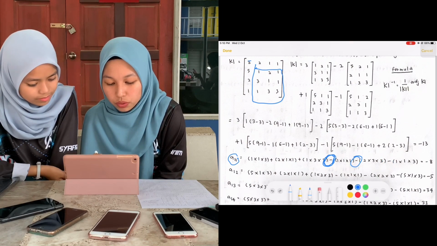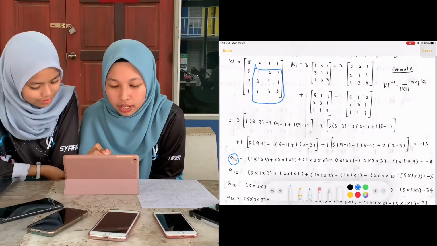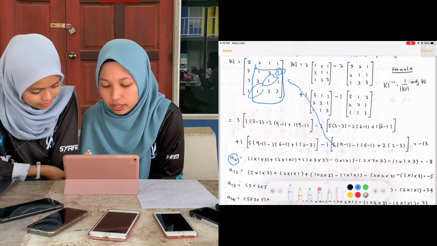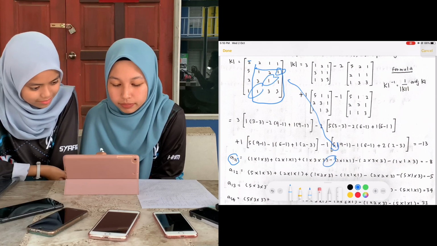So like you can see here, we times 1 with 1 and with 1, and we got like this. Don't forget the minus symbol.